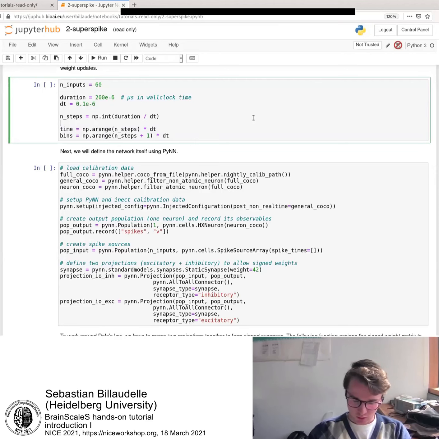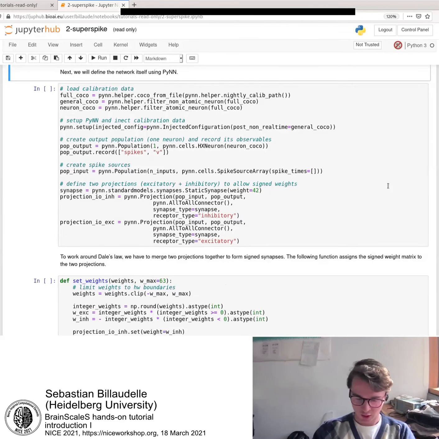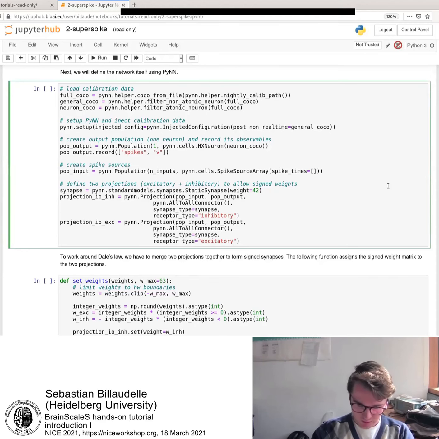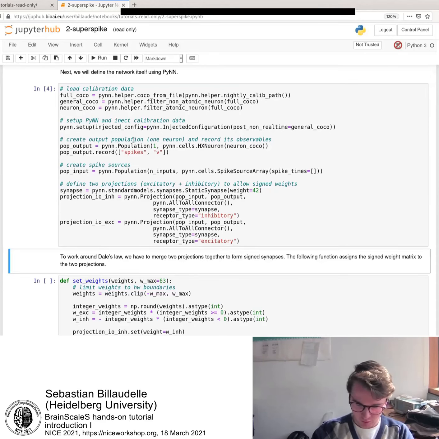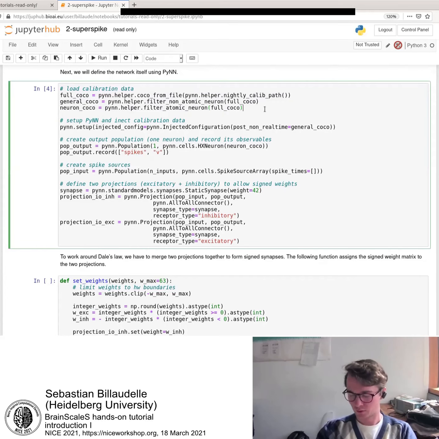Okay, so now we can set up the network graph. And you will see there's kind of a weird part at the beginning with something called a COCO. This is not inherent to the Pynn API, but it's necessary to calibrate the BrainScaleS-2 neurons. As you have seen in the previous part, these neurons do have some deviations between them, and to get rid of these, we perform a nightly calibration for all the setups in the lab, and we just load one of them here.